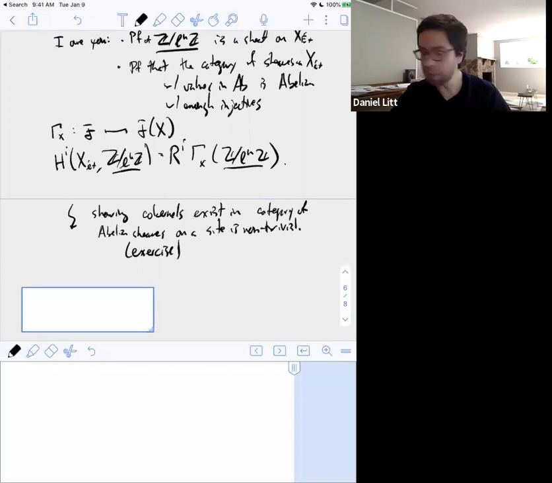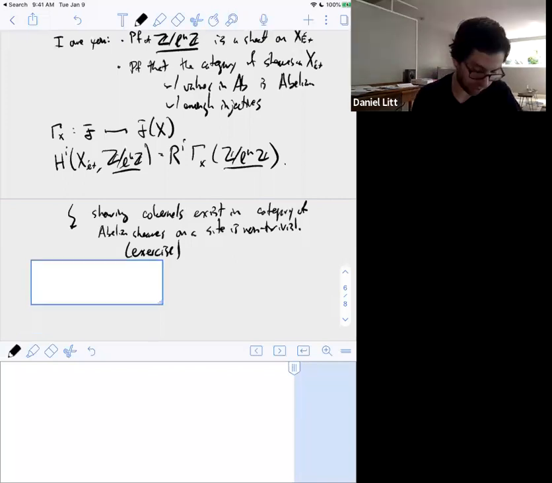Cool. So let me give one more example to show you that the properties of these sheaves are not so obvious and really depend on the site you're working on.